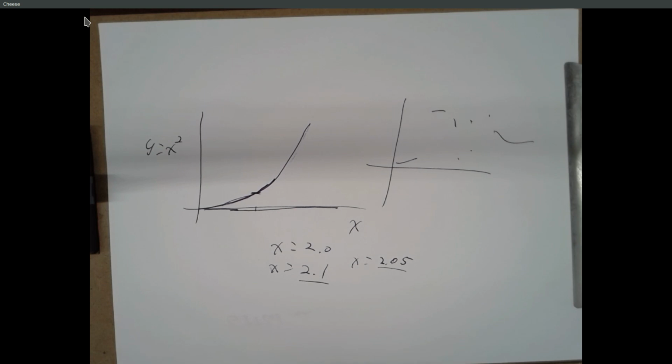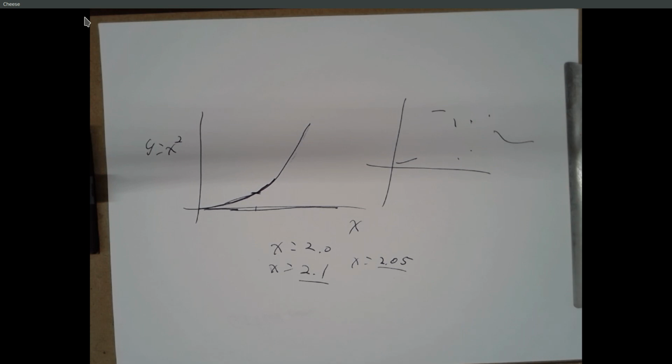Here's the weird thing. When you pick any two numbers, I can find a number in between them. It doesn't matter how close those numbers are to each other. You pick any two numbers that are different from each other, I can find a third number that's in between those two numbers and different from each of them. That's kind of cool.